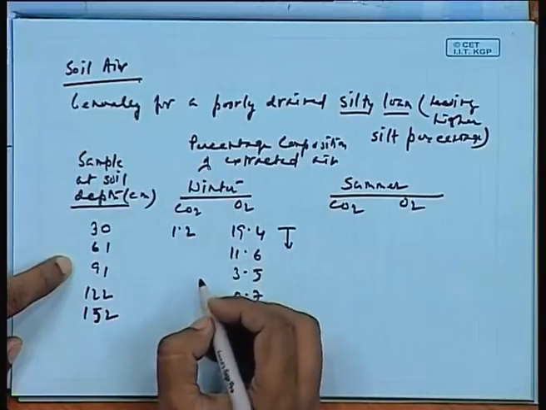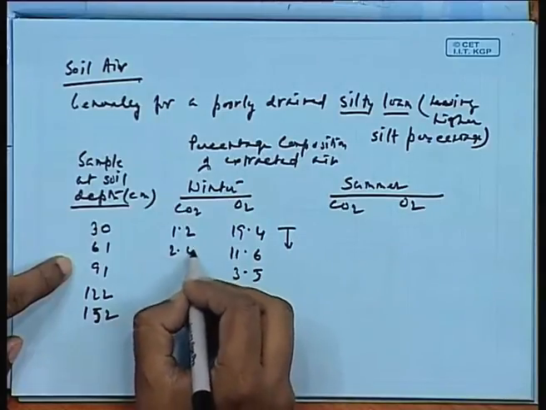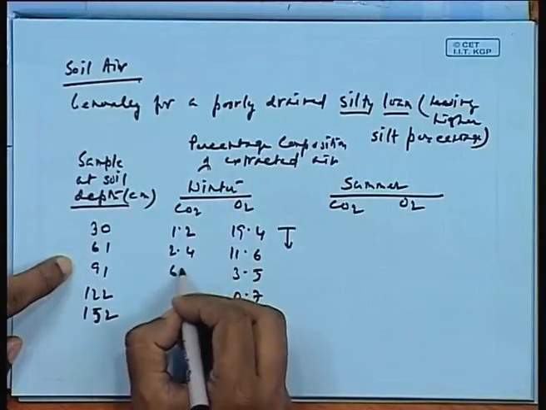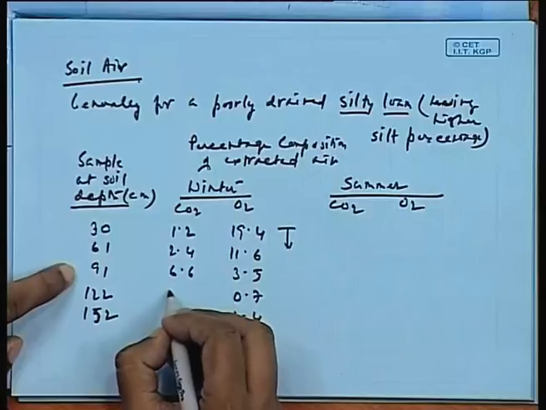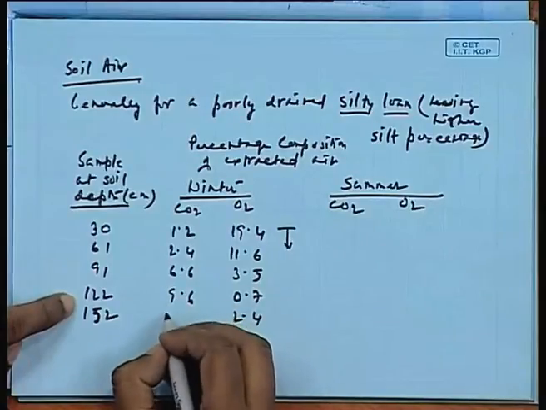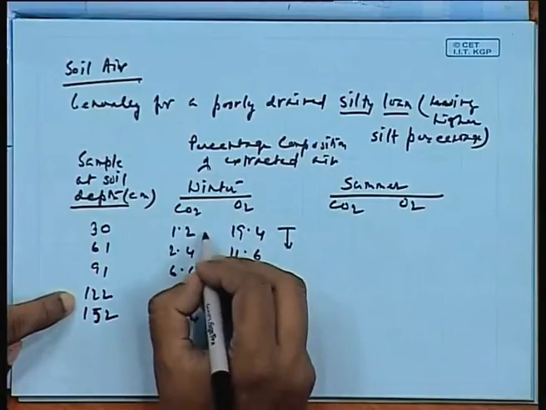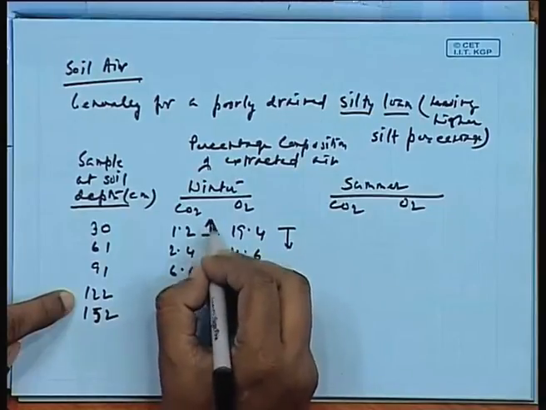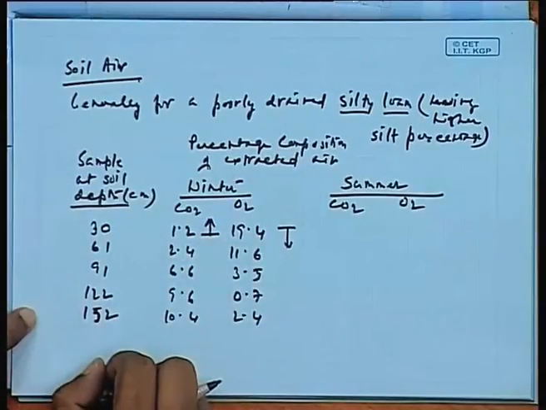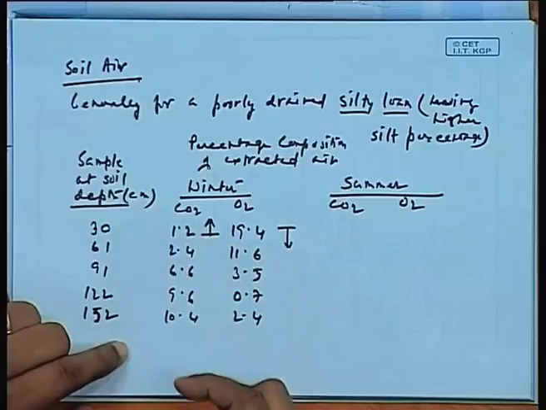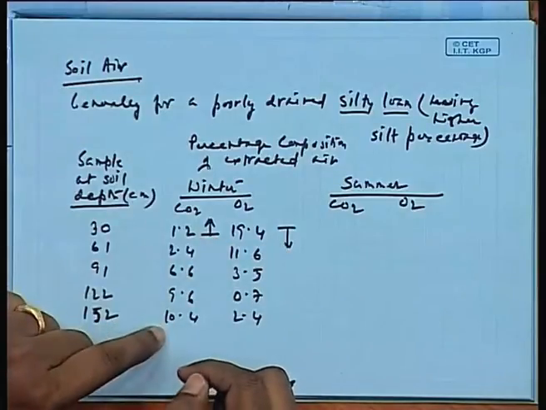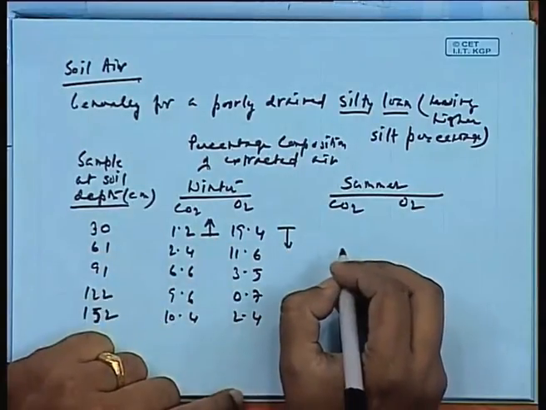This one is going down. On the other hand, 2.4, 6.6, 9.6 and 10.4. So this one is going up. With depth this one was going up, with depth this one is going down.